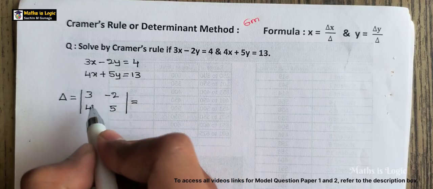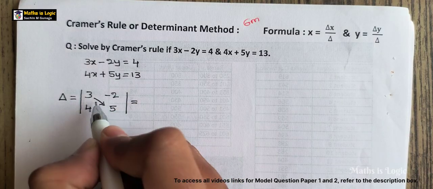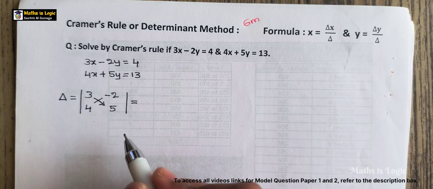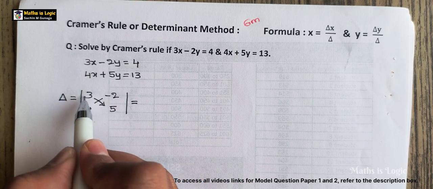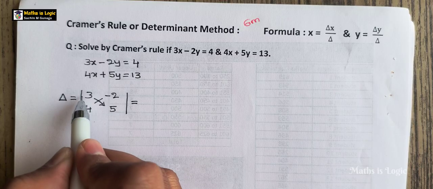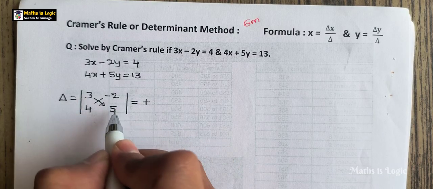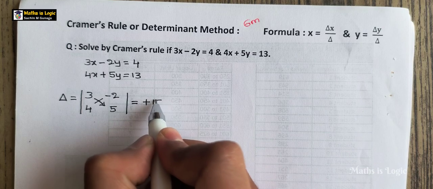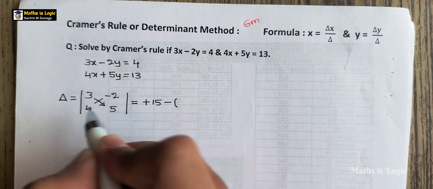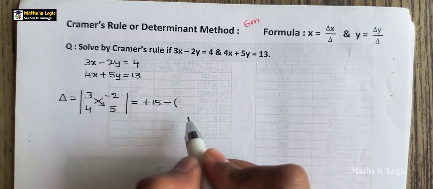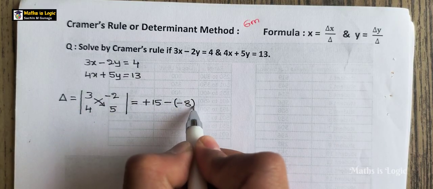Next, apply the second order determinant rule. What is that rule? Cross multiplication, the middle is always a minus sign. So with this arrow mark, first do the multiplication. Before multiplying the numbers, multiply the signs. Plus into plus is plus, 3 into 5 is 15. Middle always minus sign. Again in bracket, plus into minus is minus, 4 into 2 is how much here? 8.